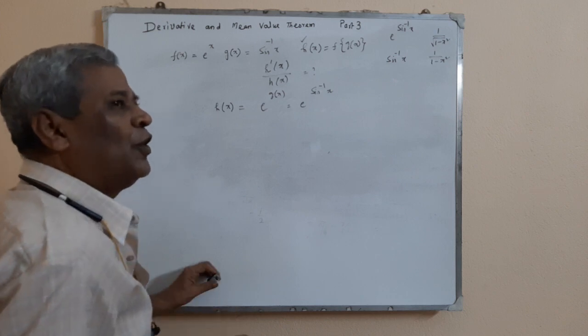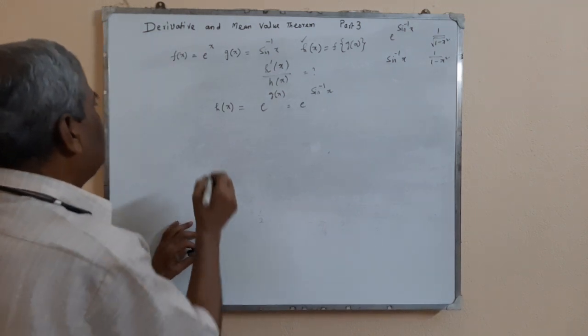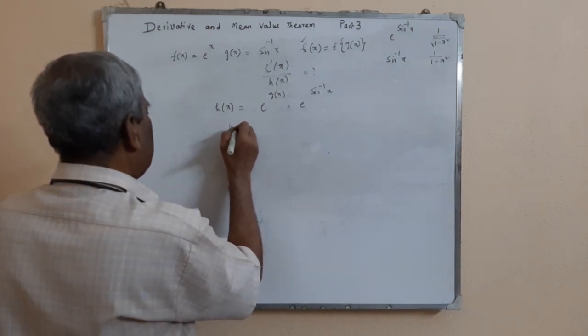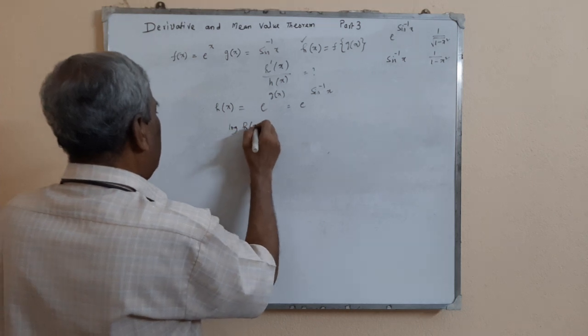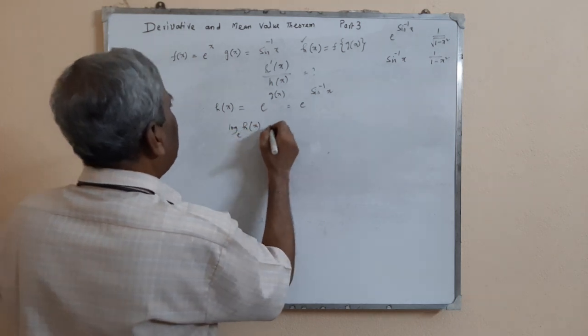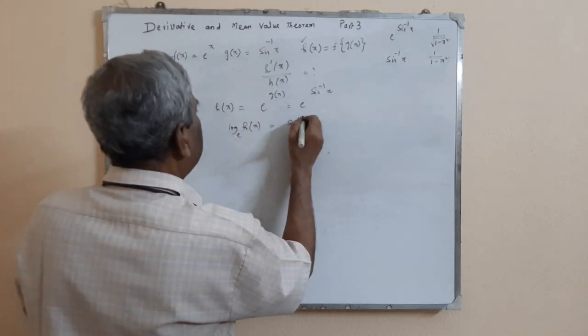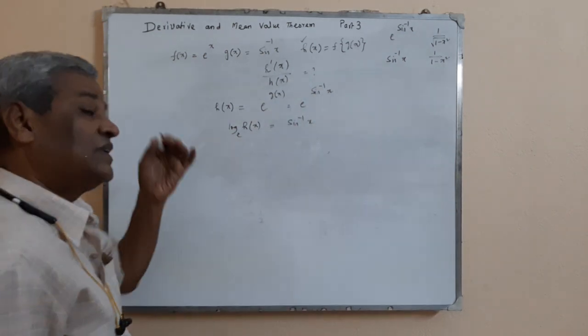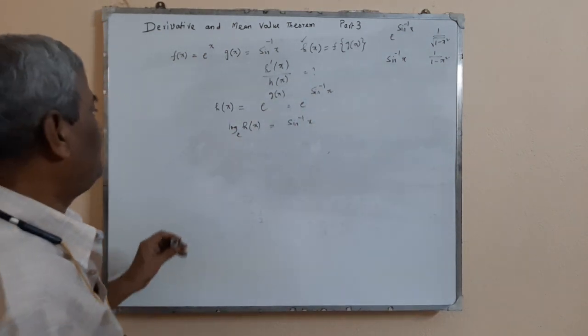Let us take log on both sides. In that case, log h(x), of course base e, is equal to sine inverse x into log e. Log e means 1.